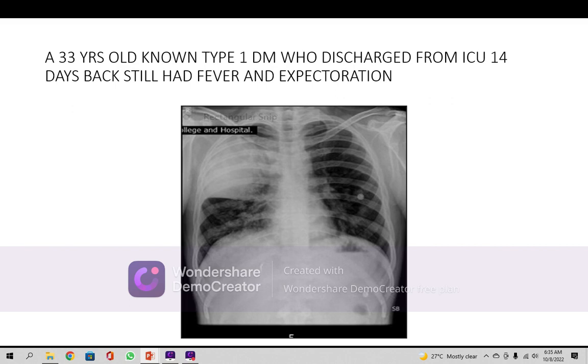The feature against the tuberculosis is the secondary effect of the chronic inflammation is not seen. There is a fibrotic reaction in the apices. Apices are clear on the right side, and there is no tracheal deviation, which is against it.